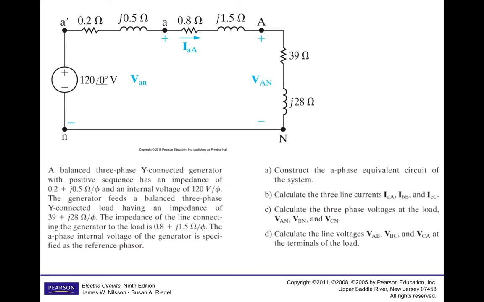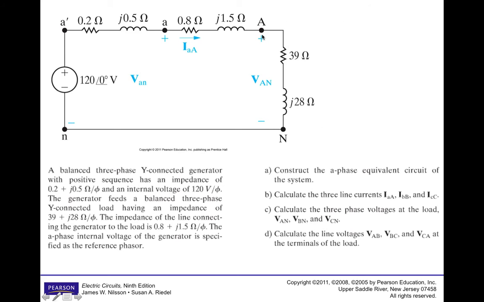The first thing to always do in a problem like this is to construct the A-phase equivalent circuit of the system. And so that's done right here. Notice plugging in each important variable into the figure, showing the relevant voltage drops, showing the relevant terminals with the correct labeling.